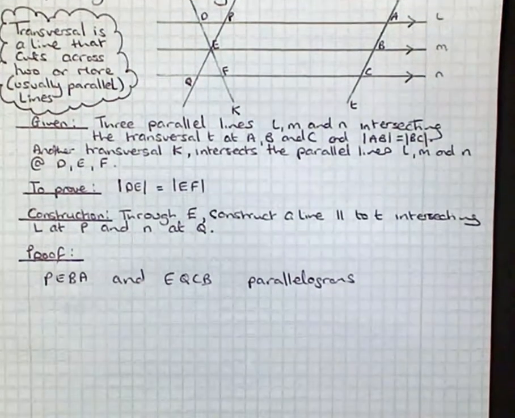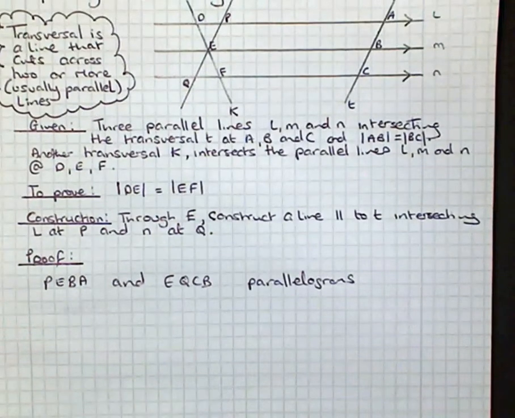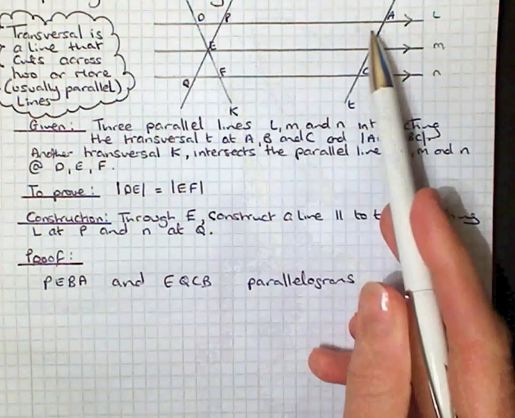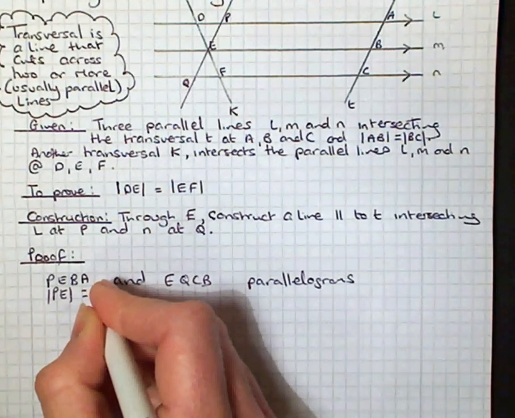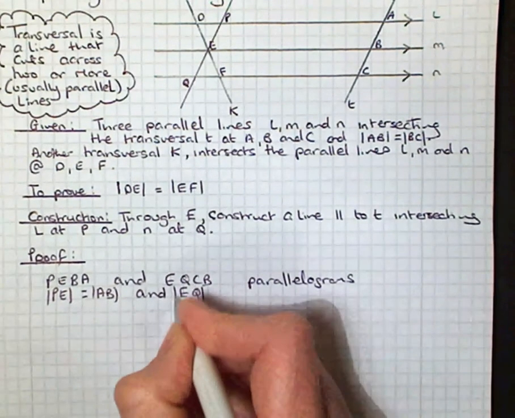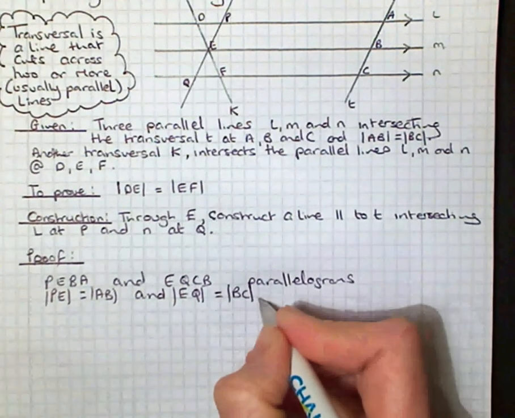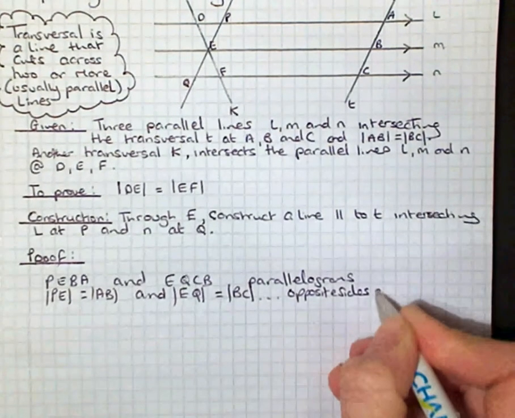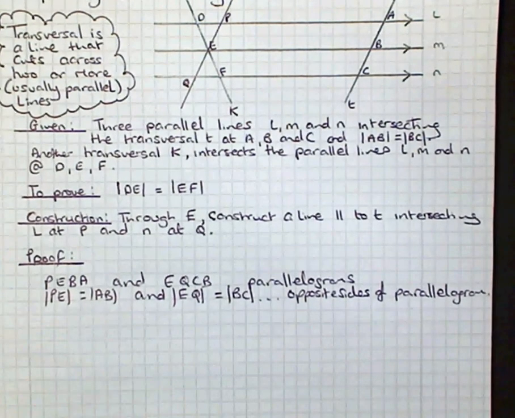Now what do I know about a parallelogram? Well, I know that opposite sides in a parallelogram are equal. So looking at these parallelograms, I can say that PE is equal to AB, and I can also say that EQ is equal to BC. We always have to state the reason: they're opposite sides of a parallelogram.